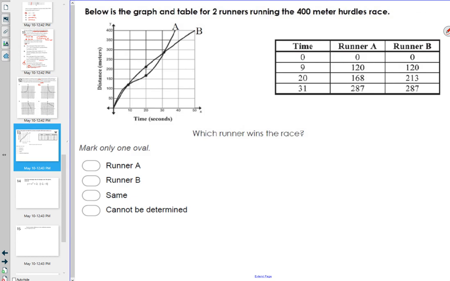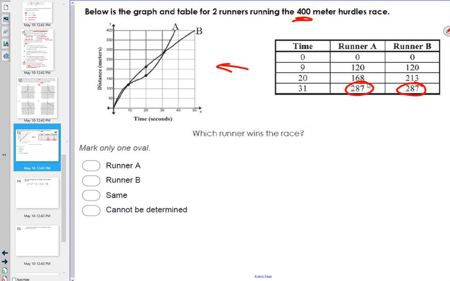Okay, we saw this one last week also. Which runner wins the race? This was an interesting one. This one took me a little bit to figure out myself too. Because you look at this table here and you're like, what are you talking about? Look, at the end of the race, they're both at the same, but you gotta look over here. It's a 400-meter race.